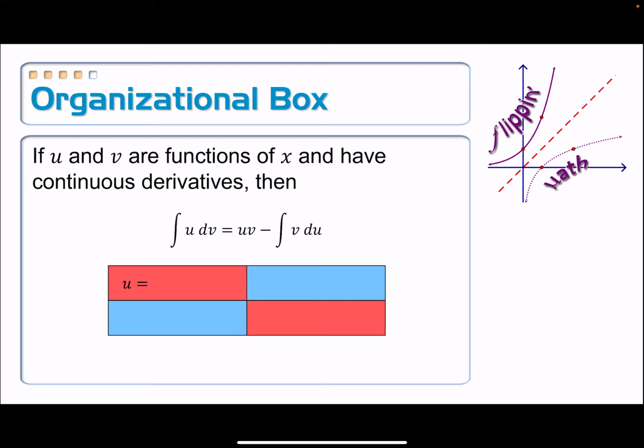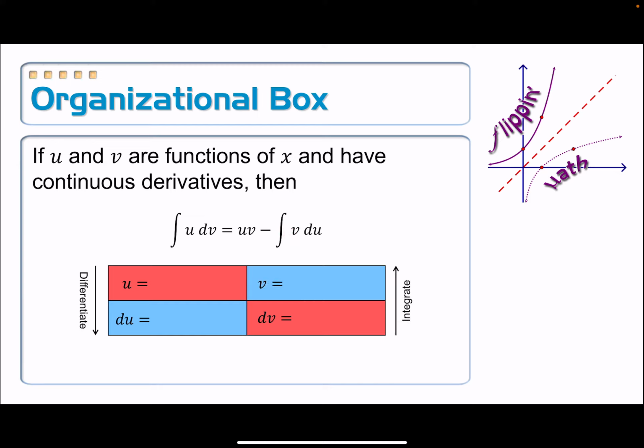To get the next step here, we're going to differentiate our u function, whatever it is, in order to get du. And that du, of course, is the thing that's going to go in the second integral right here. Now we're going to take the dv part and put it in the second red box here. And in order to get the v that we need for the second integral, we need to integrate.